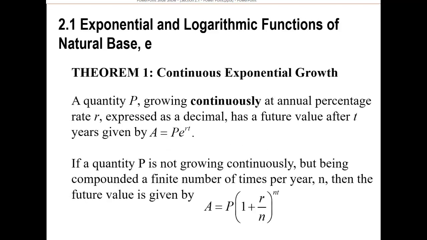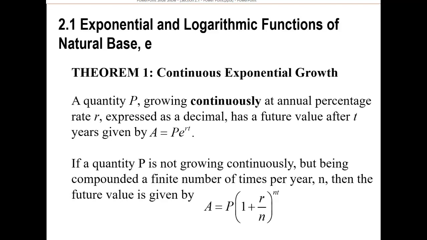All right, so our first application here is we're going to use e within a formula, and we're going to do the application problems first. So this is about continuous exponential growth. So basically compounding future value of an investment given interest rates, time, and other information.